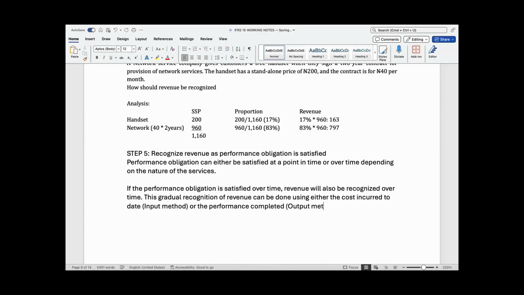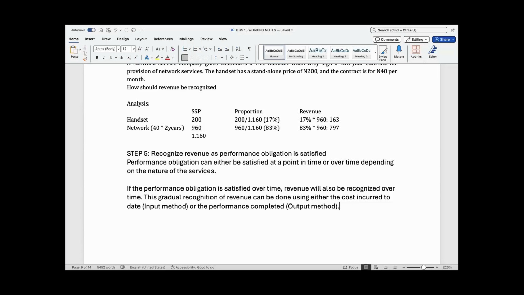output method. Like us now at our school here, we'll use output method because even if you have paid your fees completely now, we cannot recognize everything as revenue because we have not satisfied the performance obligation. And this performance obligation is satisfied over time.